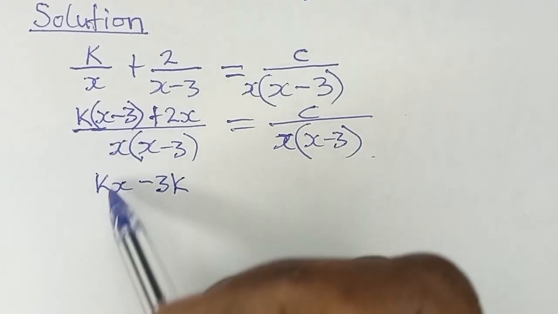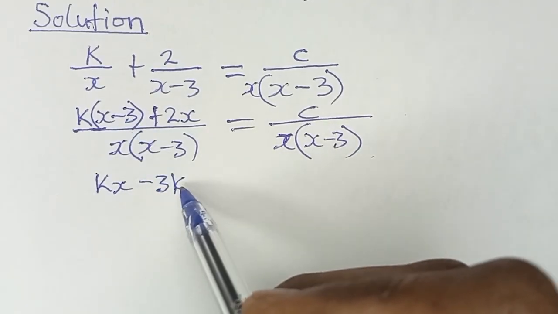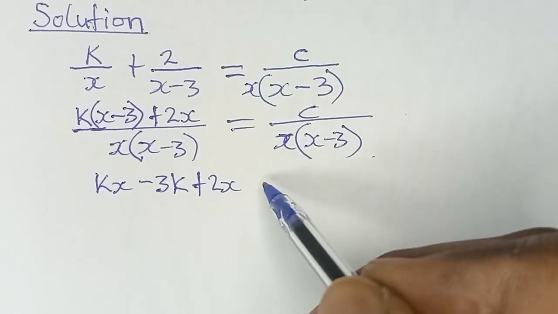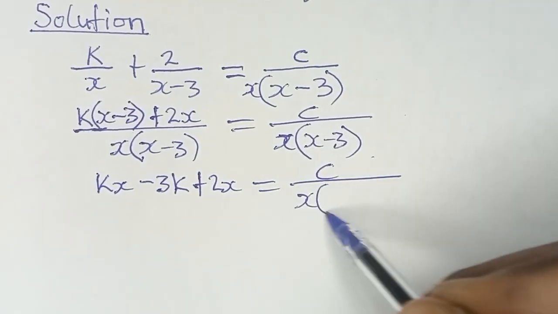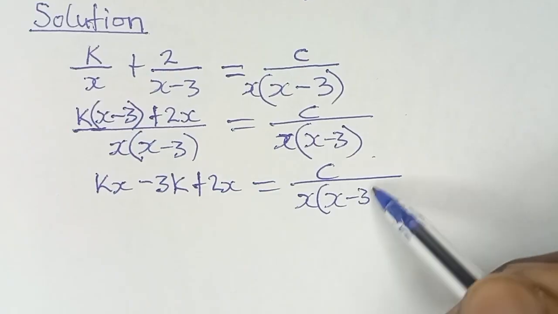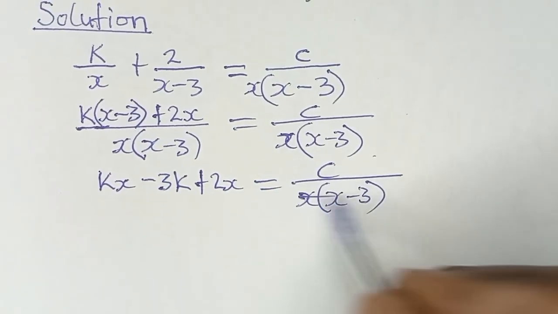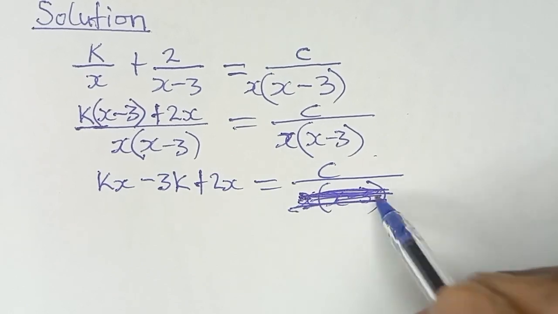K multiplied by x, we have kx. X multiplied by negative 3, we have minus 3k. And then plus 2x is equal to c.